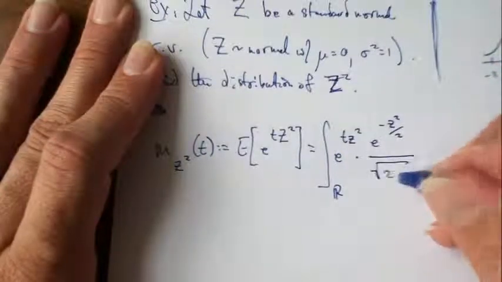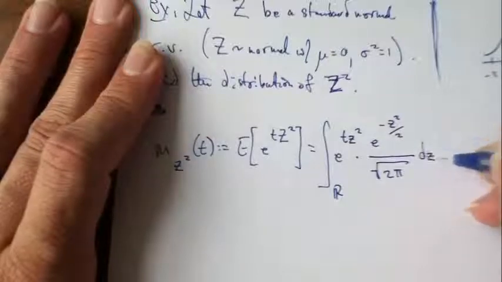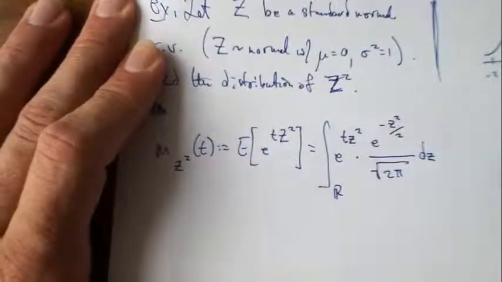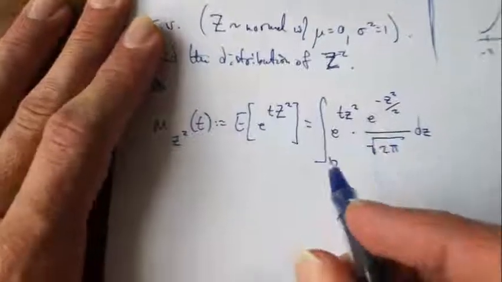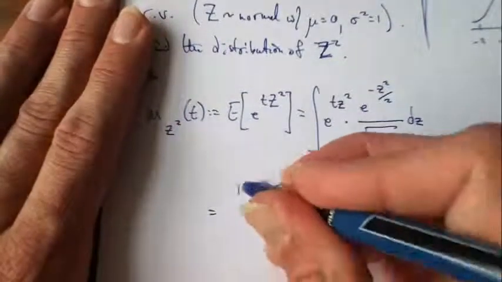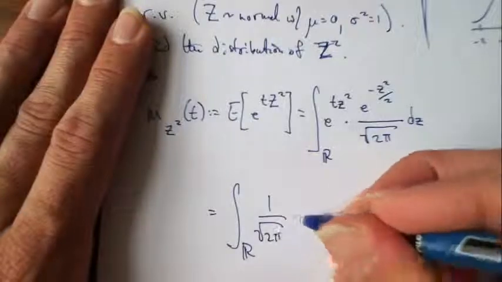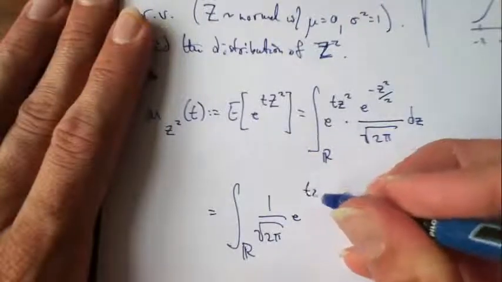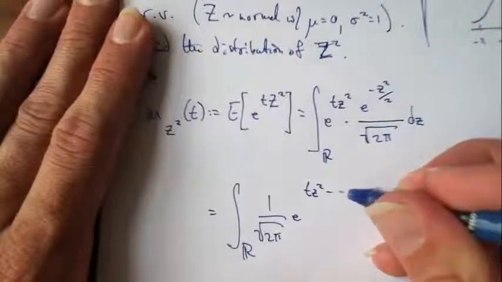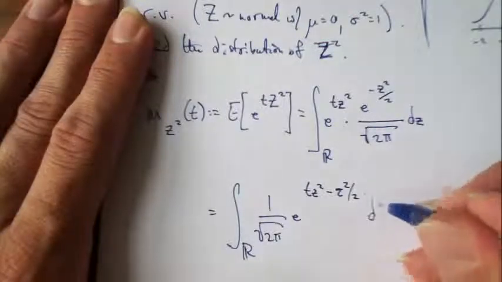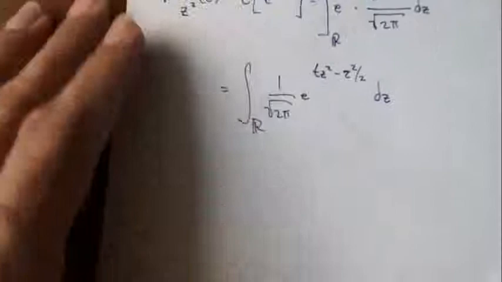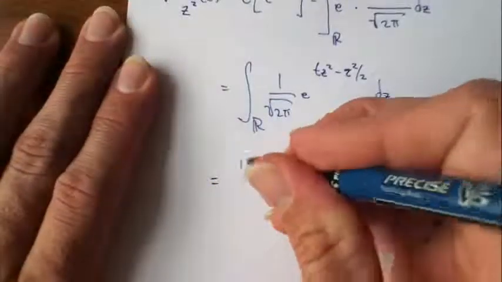Now, I can bring this stuff together in the exponent. This is just the integral over the reals, 1 over root 2 pi, e to the tz squared minus z squared over 2, dz.